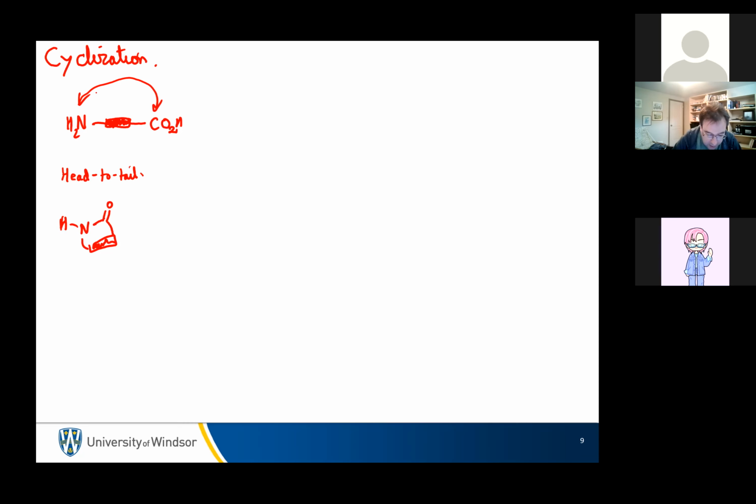But not all peptides are like that. Often you'll have a peptide where you might have maybe an aspartic acid residue, maybe a lysine residue, and then let's draw those in. Well, aspartic acid, I'm going to redraw this a little bit.